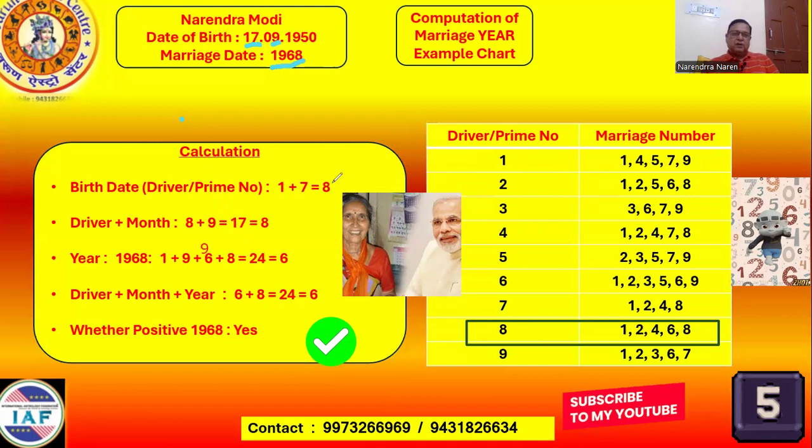When we add the birth date, we are getting 8, and the driver plus month again comes to 8.